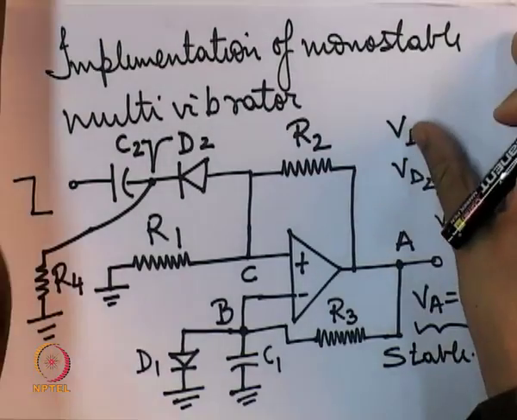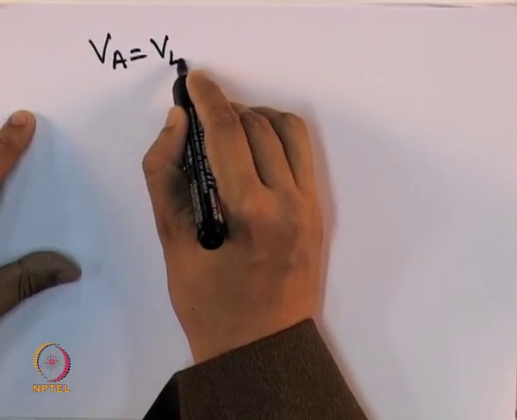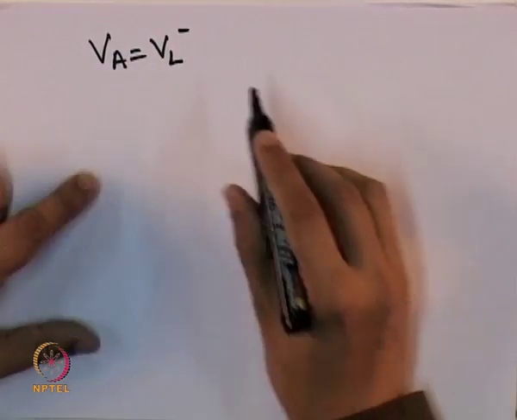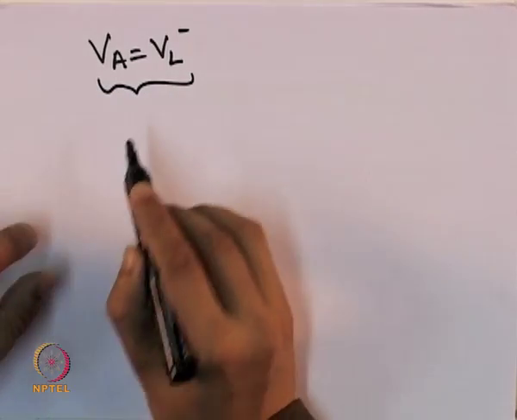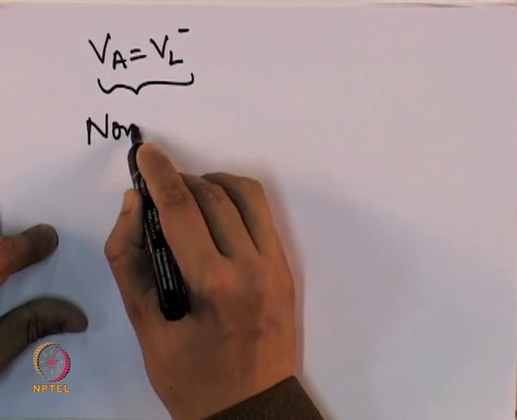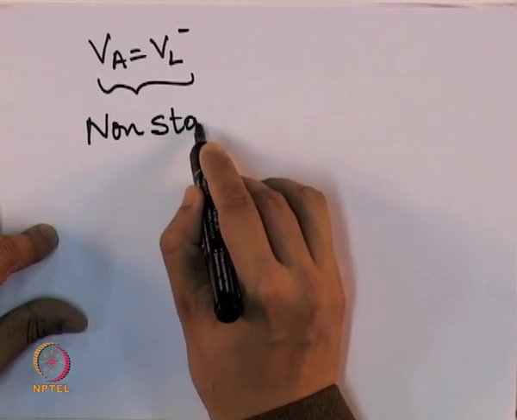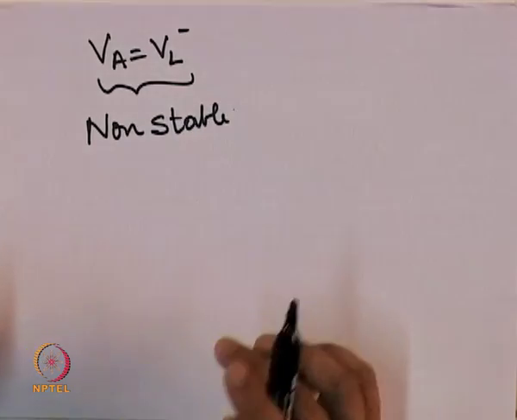On the other hand, if we have VA equal to VL minus, that is, the output voltage of the op amp is equal to the lower saturation voltage, this is the non-stable or unstable state. Now, why is this so?